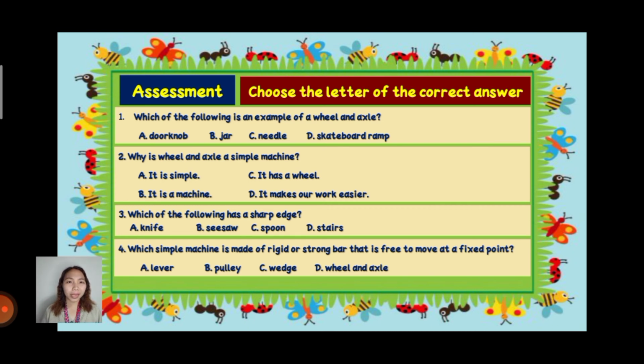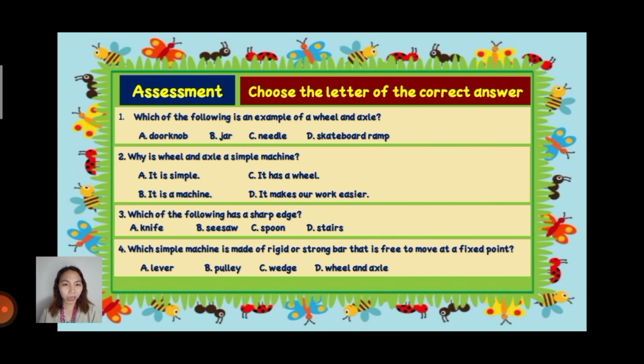Okay, number 1. Which of the following is an example of a wheel and axle? A, doorknob, B, jar, C, needle, or letter D, skateboard, ramp. Okay, number 2. Why is wheel and axle a simple machine? A, it is simple.